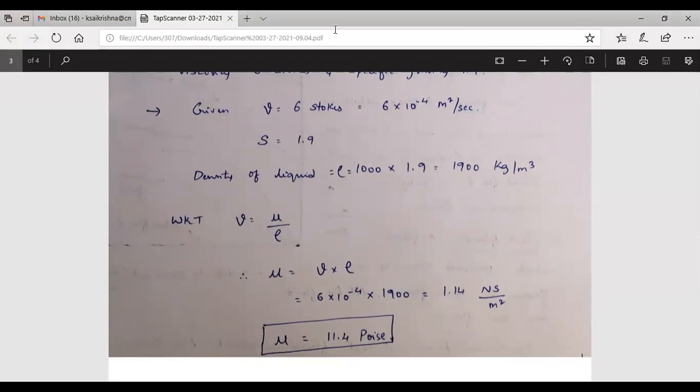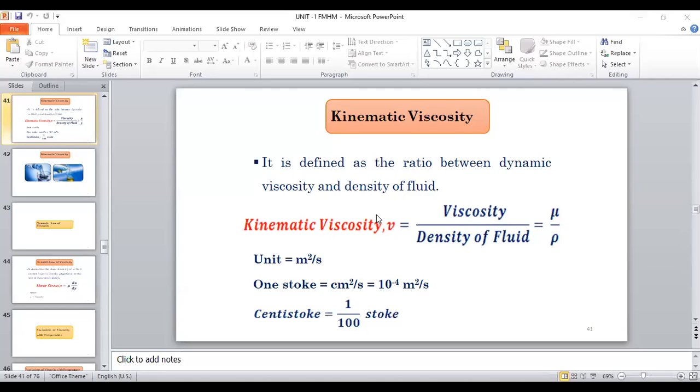Now I am going to ask the units for all the properties which you have learned up to now to some students. They have to answer. Have you finished the problem?